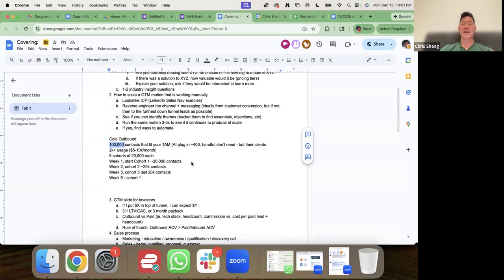Or if it's enterprise deals, like 100K plus, you're looking at payback period. Payback period is basically how much revenue you generate per month from that customer, and you're looking at 3 months payback period as a healthy rule of thumb.